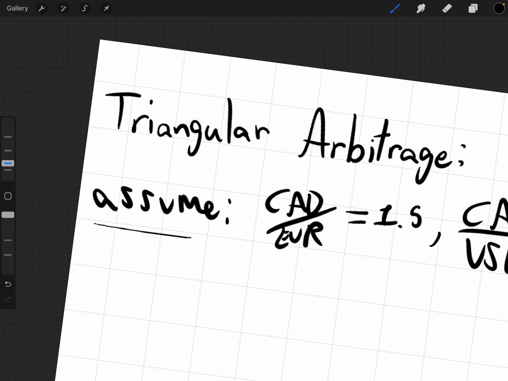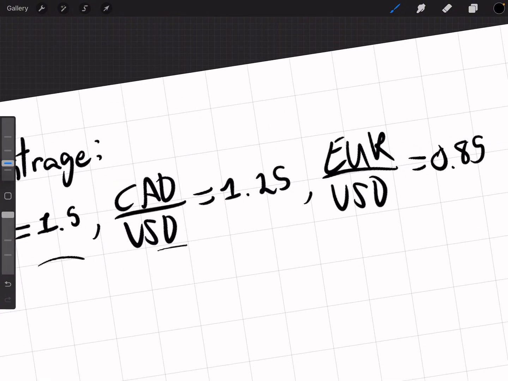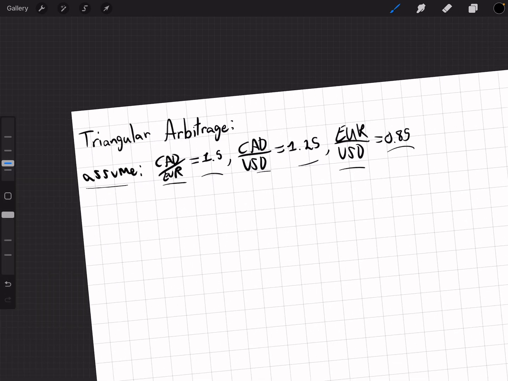So there are some assumptions that we have to make. The CAD to Euro exchange rate is 1.5. The CAD to USD is 1.25, and the Euro to USD is 0.85.